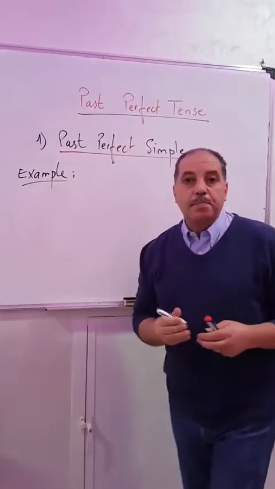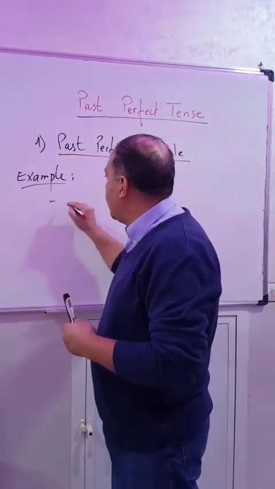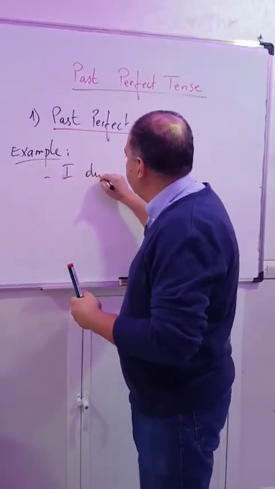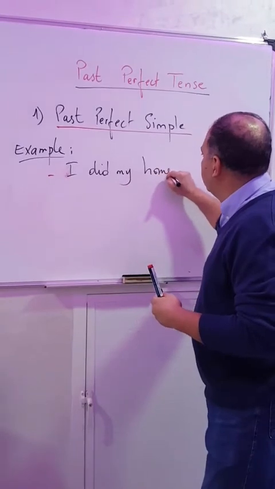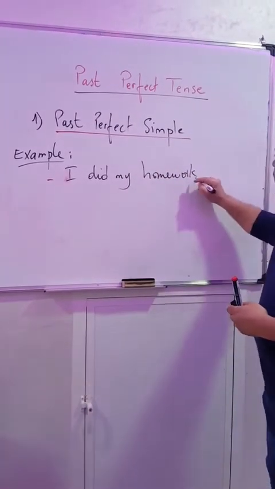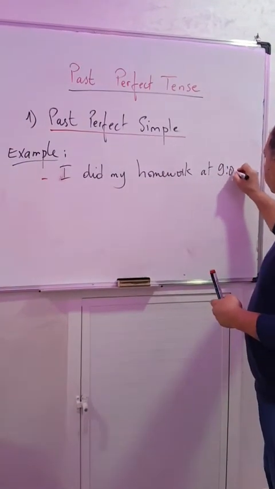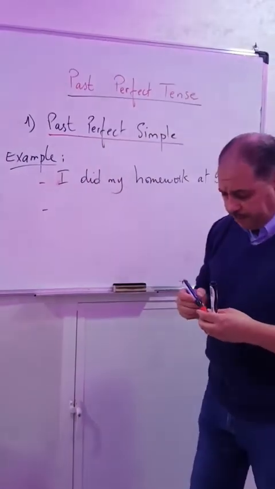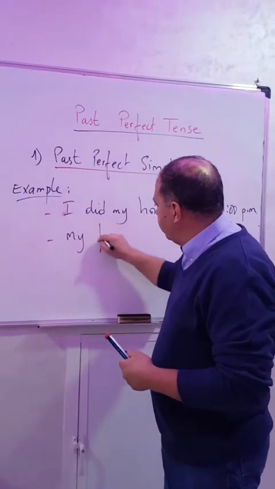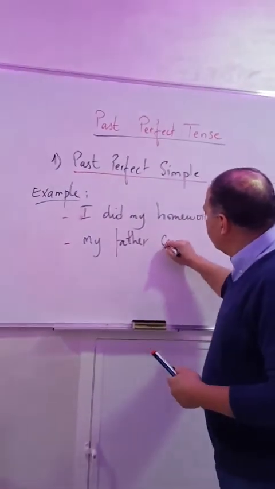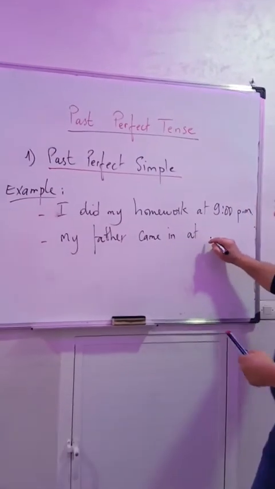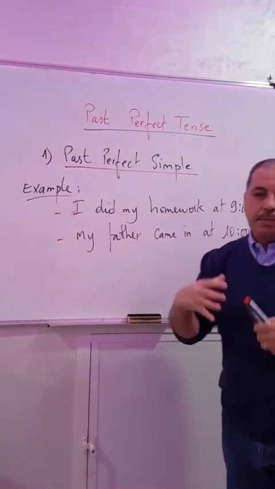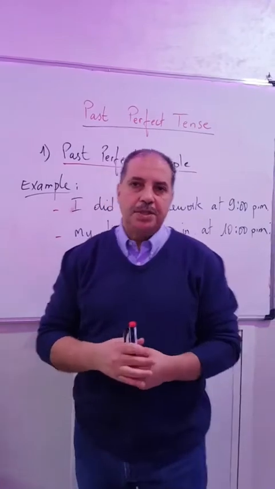I'm going to give you two past actions. I did my homework at 9 o'clock p.m. Then there is another action: my father came in at 10 p.m. Remember, we're talking about order, first action and second action.